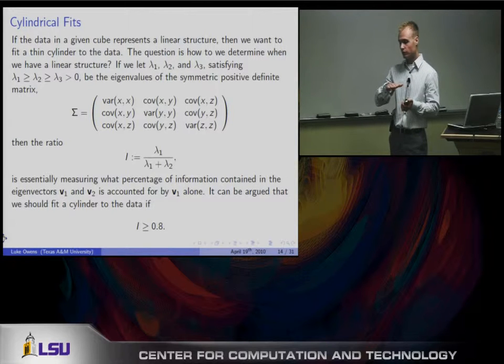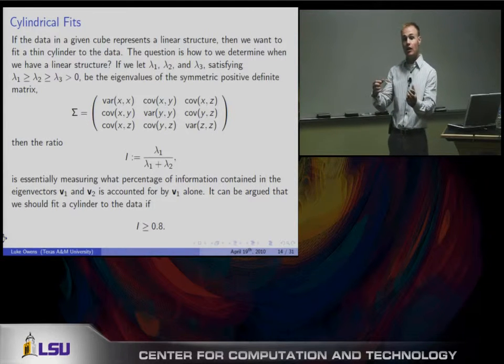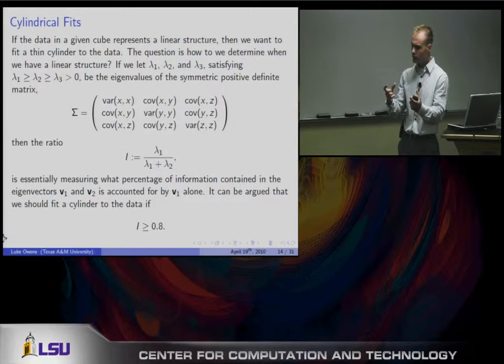Basically, you can construct a data set that fits inside of a dyadic cube nicely, such that it's right in between being linear and planar. That is, the cylinder that fits the data is as good as the plane that fits the data in the Hausdorff metric.